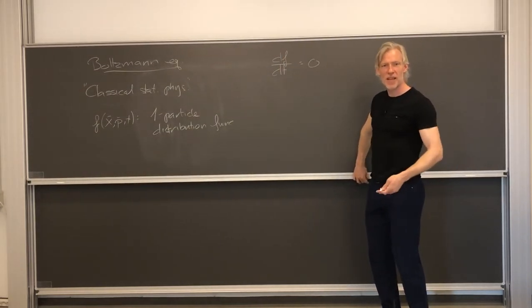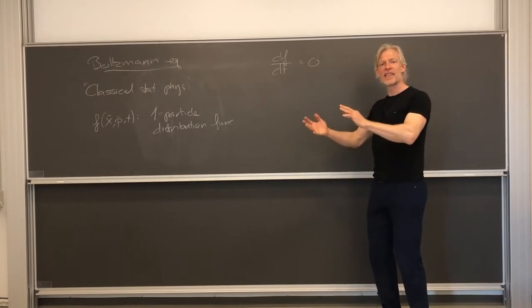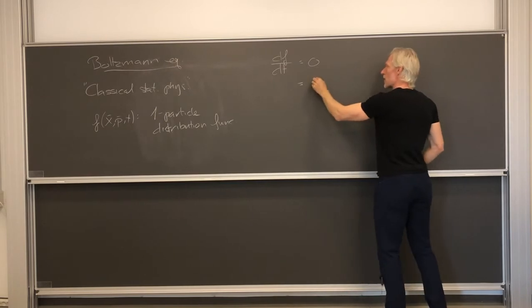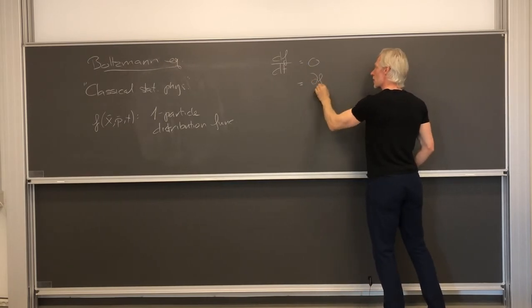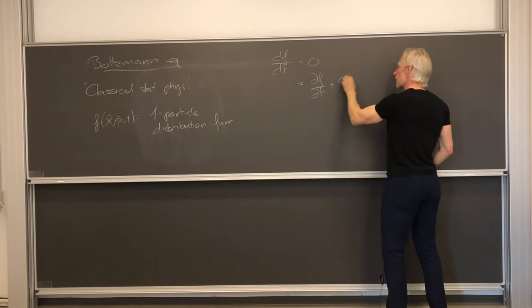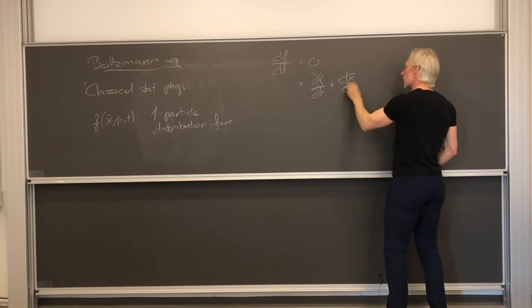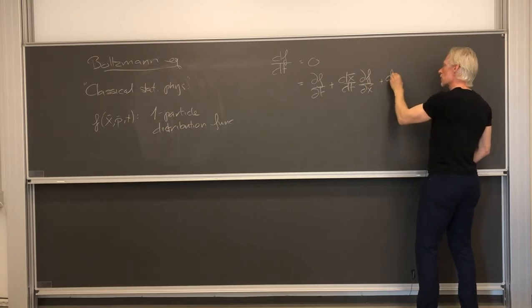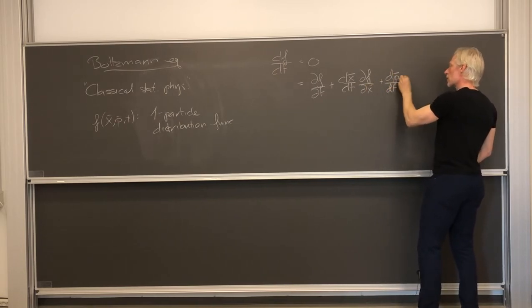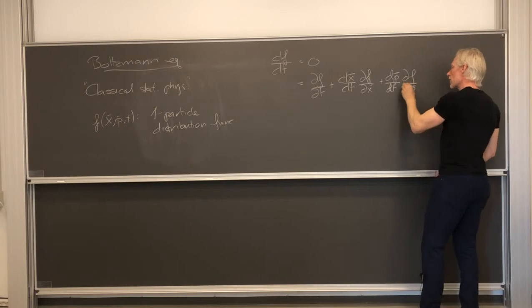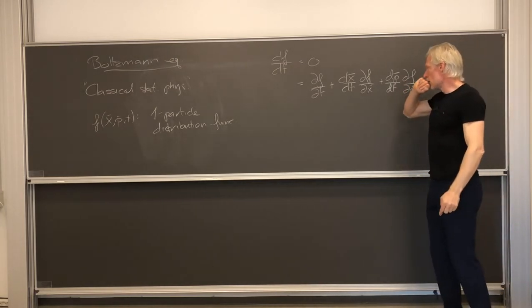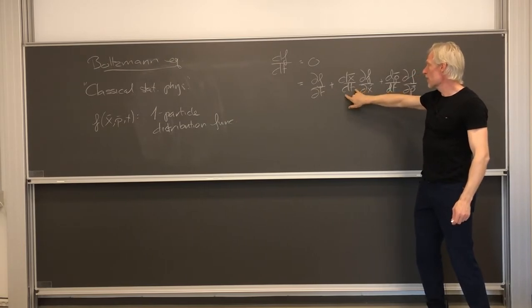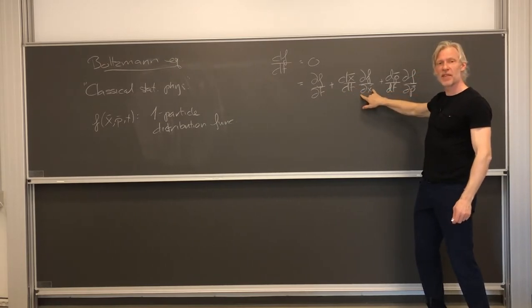And of course, by applying the chain rule, we can convert these into normal coordinate derivatives. So by the chain rule, we could write this conservation law in the following way. Like this. And here we have, for example, velocity and the spatial gradient of the distribution function.